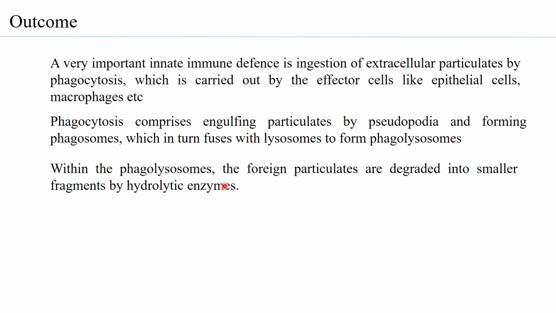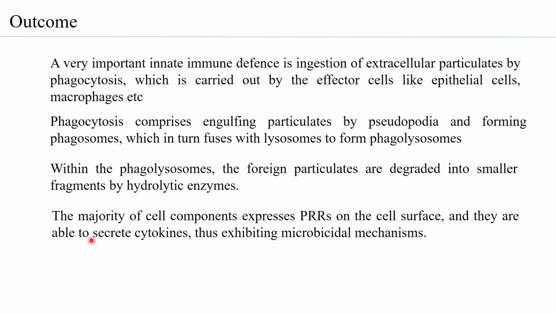Within the phagolysosomes, the foreign particulates are degraded into smaller fragments by hydrolytic enzymes. The majority of cell components express pathogen recognition receptors on their cell surface, and they are able to secrete cytokines and chemokines, thus exhibiting microbicidal mechanisms.